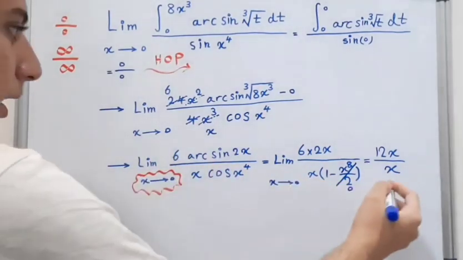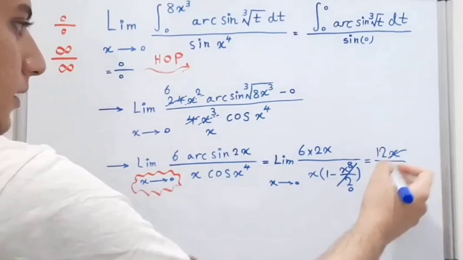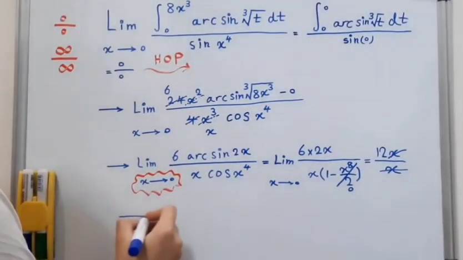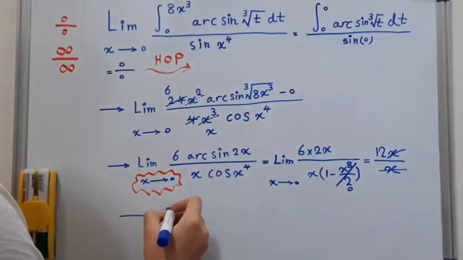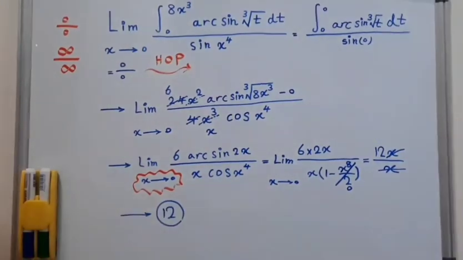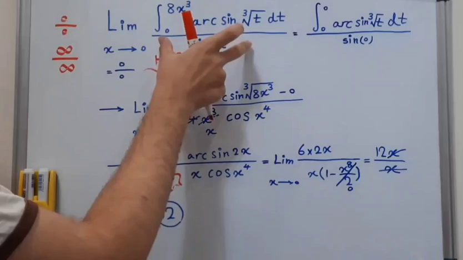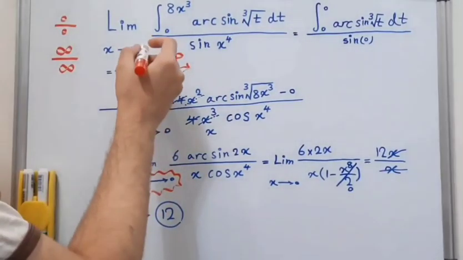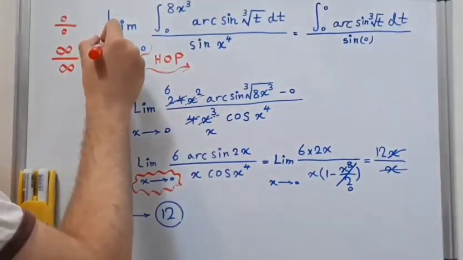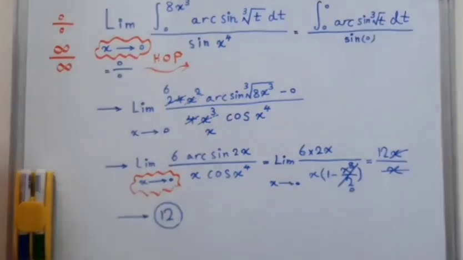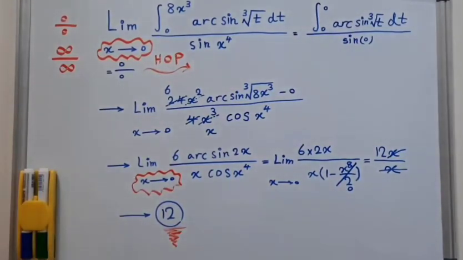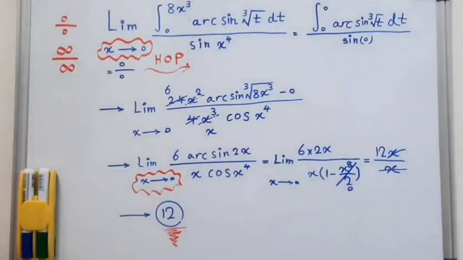And these 2x go with each other and we will reach 12. It means that the limit of this expression when x approaches 0 will be 12. Yeah, and this was the question of today, and it was interesting in my opinion.